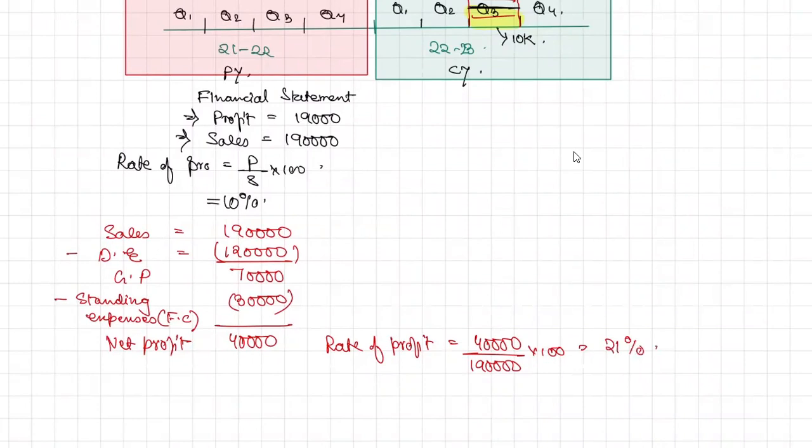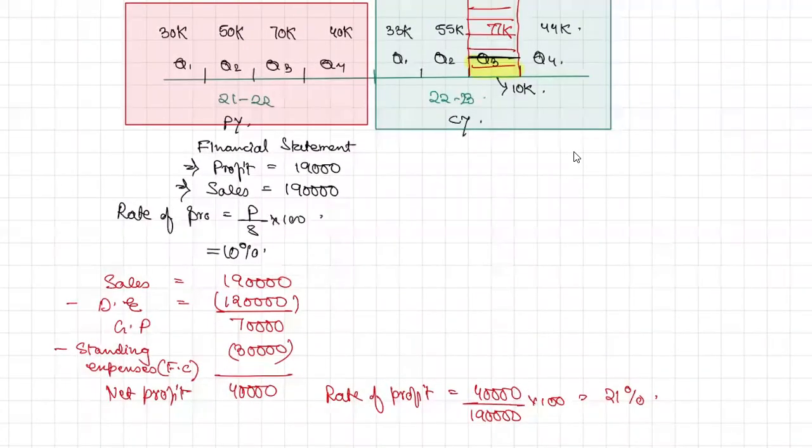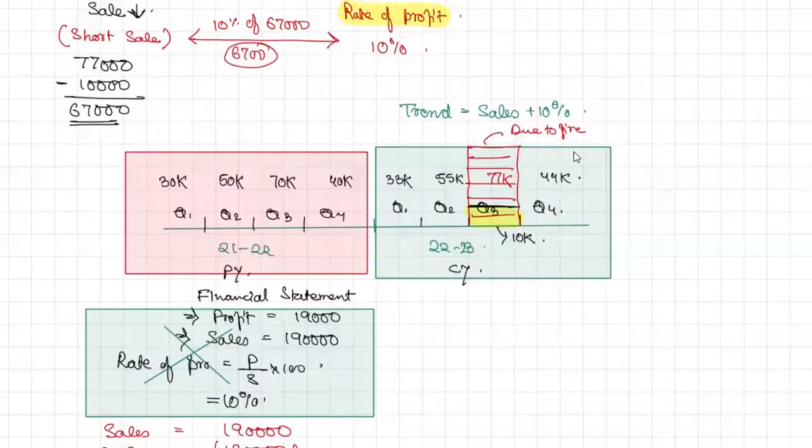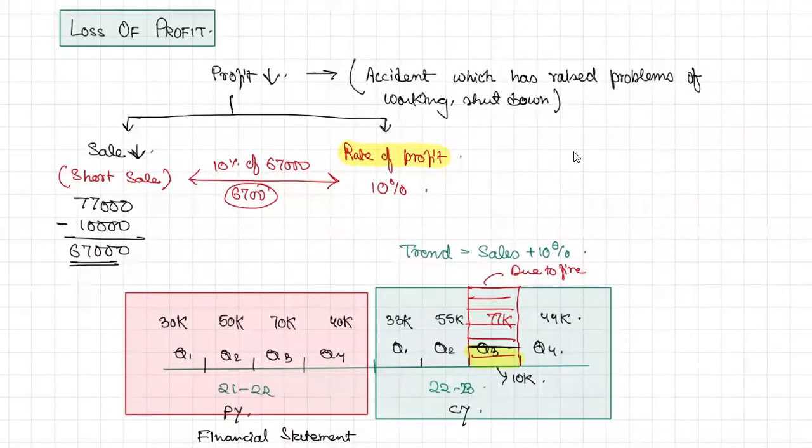Okay, so this shouldn't be adopted. We will not do it like this. We'll take standing charges as well in the financial statement. So what actually has been my rate of profit? It has been 21%.